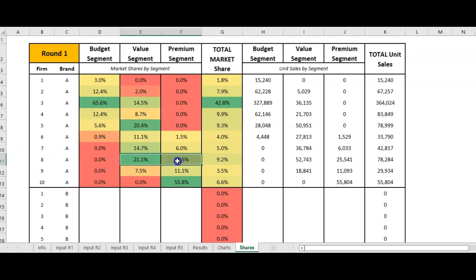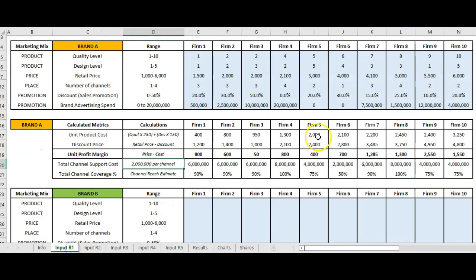Let's just have a look at Firm 8. They're picking up good sales in both the value segment and in the premium segment. So we'll have a look at where they are. They're halfway between, so the scale goes up to 10, so they're at 8 and 3. So they've taken a midpoint position, as opposed to teams 9 and 10.